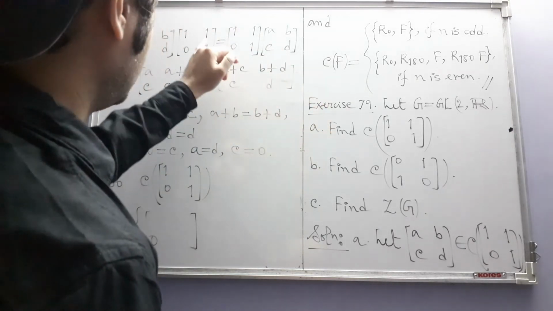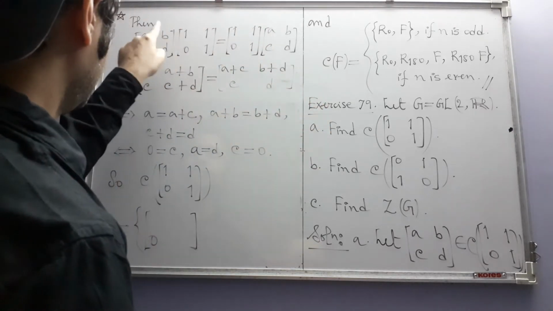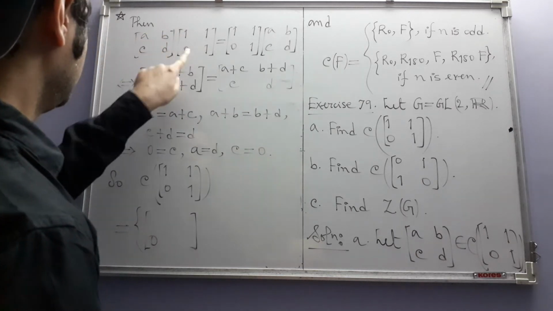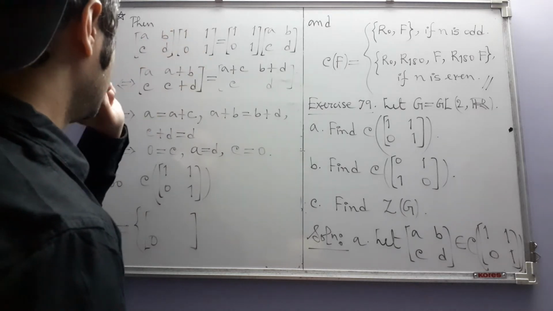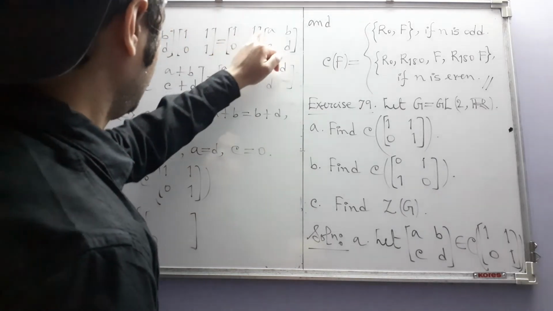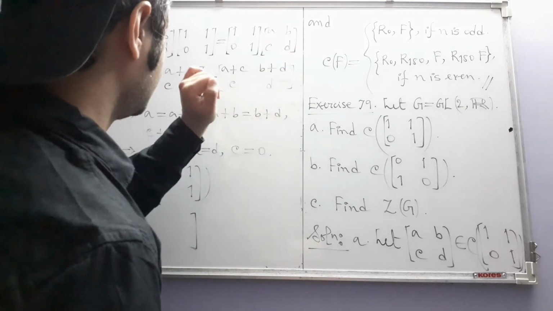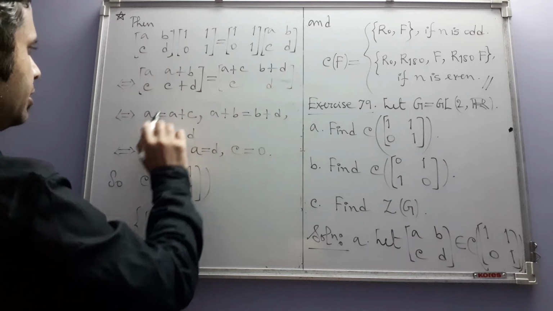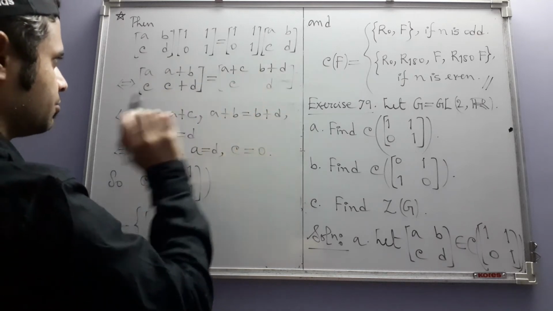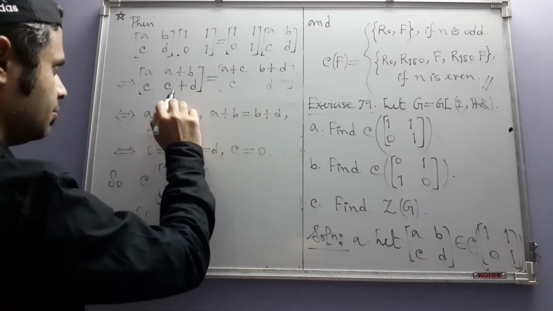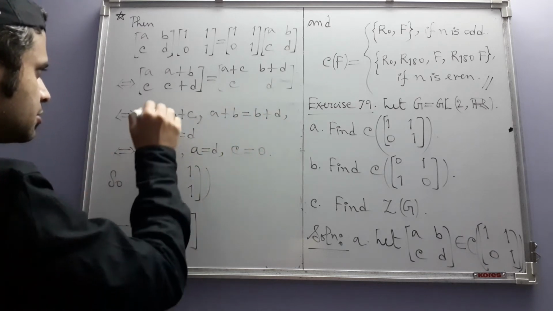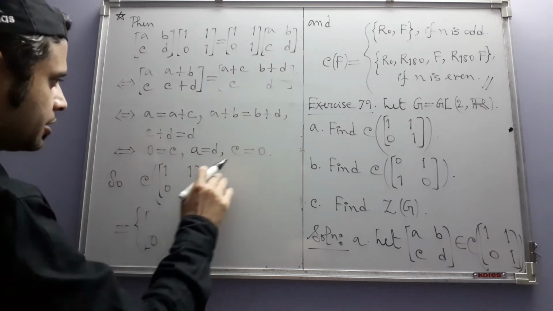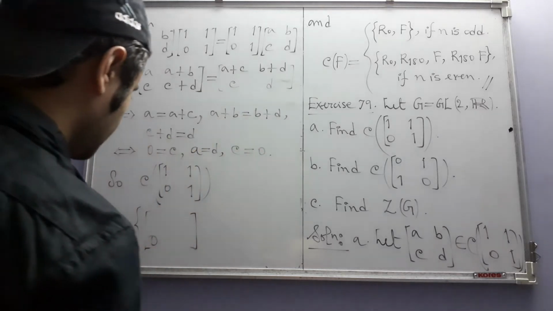A B C D times 1 1 0 1, and 1 1 0 1 times A B C D: A plus 0, A plus B, C plus 0, C plus D, okay, A plus C, B plus D, 0 plus C, 0 plus D. So A is equal to A plus C, A plus B is equal to B plus D, C and C are the same, C plus D is equal to D. So from here we have C equal to 0, from here we have A equal to D, and again we are getting C equal to 0, fine.